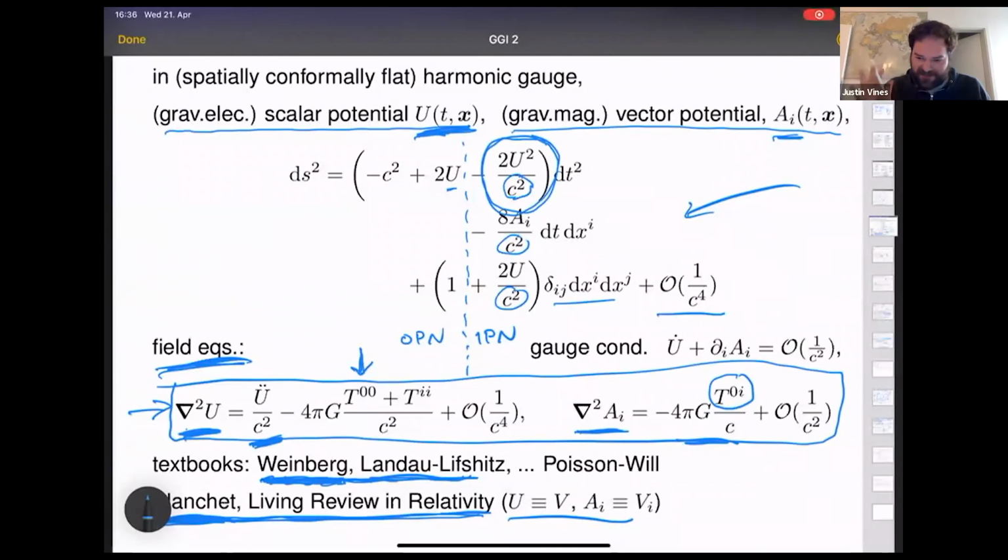I meant to mention this, but we do have a leading non-linearity at first post-Newtonian order, but miraculously with this parametrization of the metric, you get field equations which are linear in the potentials. That's somewhat of a miracle. It happens only at first post-Newtonian order.